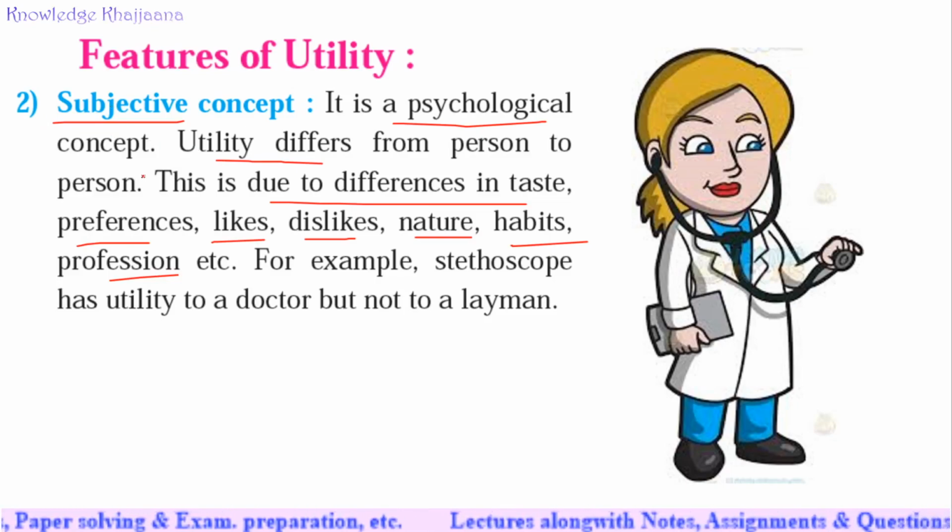What is a subjective concept? Subjective concept means here the person is the subject. Who is the subject? The person is the subject of the topic of consideration. About whom it is talked or thought, that is called the subject. So the person is the subject of the topic of consideration, and a person has psychology, right? So utility is psychological, meaning a subjective concept.